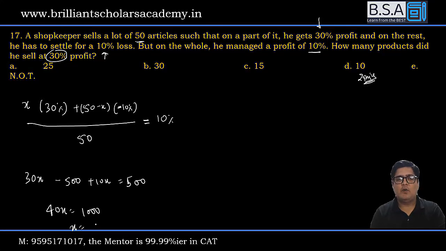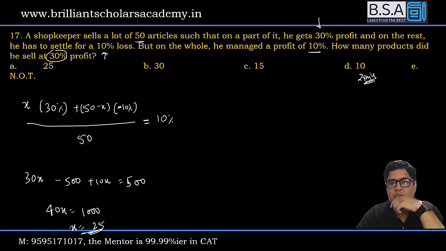X is equal to 100 upon 4, which is 25. 25 of these were sold for 30% profit. That is the answer, yes.